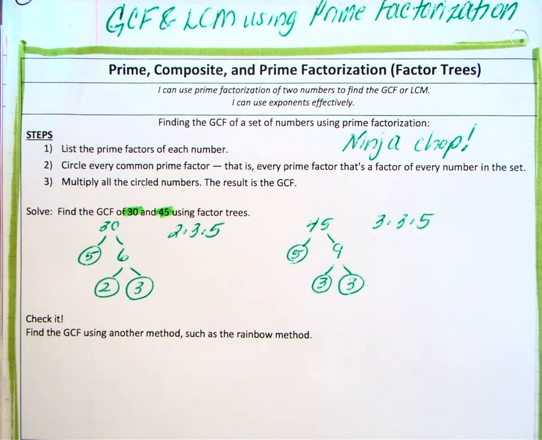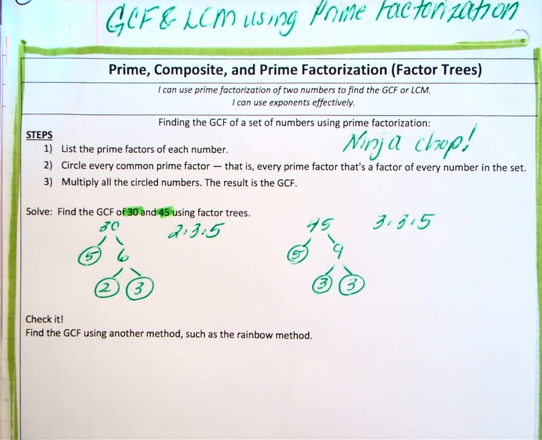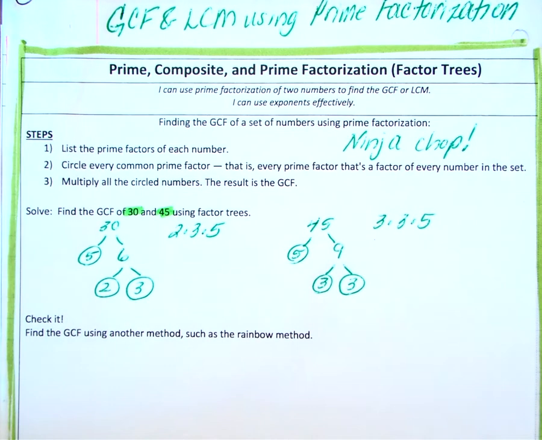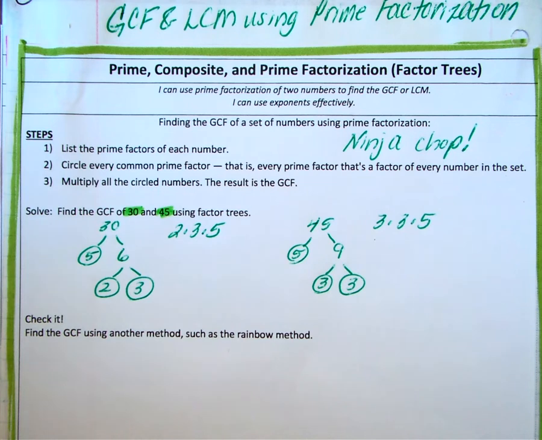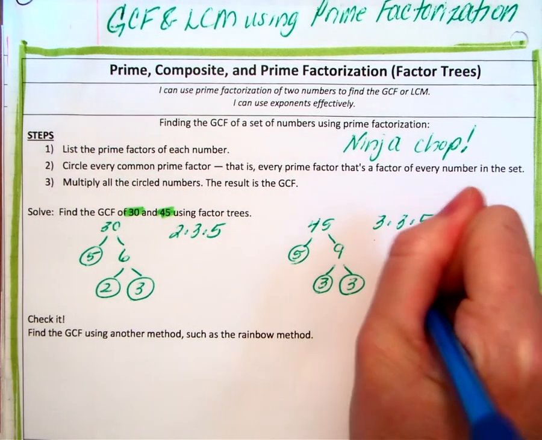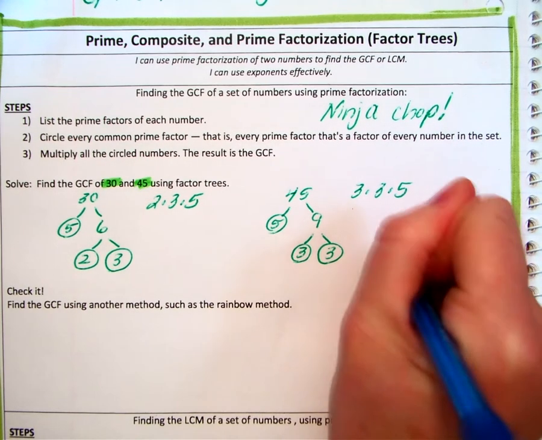Now I'm not going to put it in exponential form yet, because I'm trying to prove that they have common prime factors. So sometimes it helps to line them up. And here's what I mean. I'm going to do prime factorization of 30 over here, and prime factorization of 45 over here.